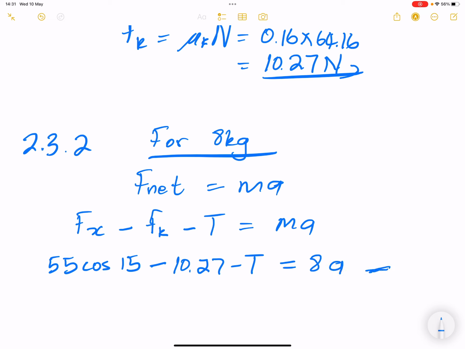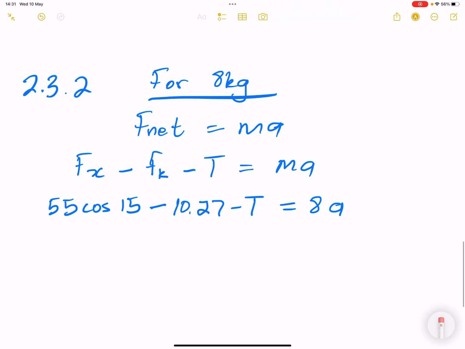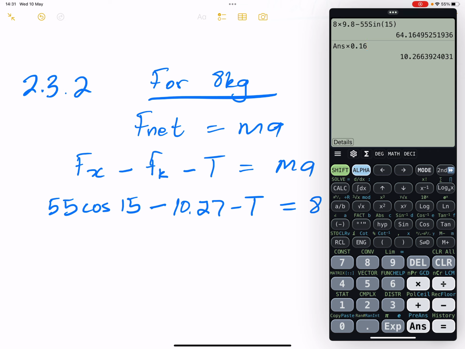In this case, let's try and simplify this before we call it equation 1, right? So that's going to be 55 cos 15 minus 10.27. Okay, I get 42.86. Okay, and if you don't mind, I'm going to round off. I don't want to keep this for very long.